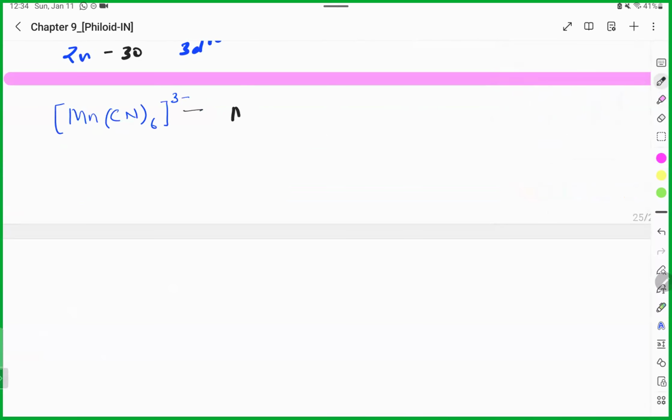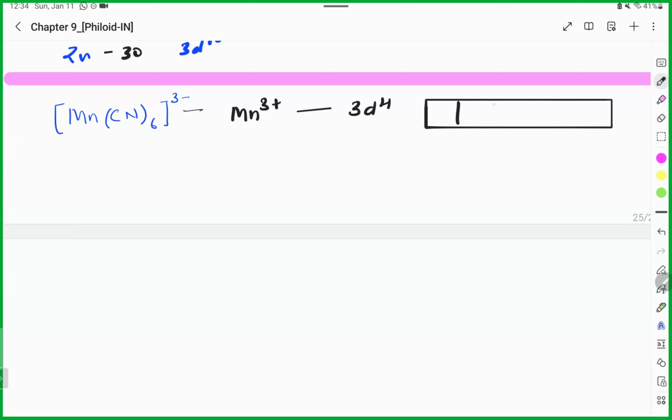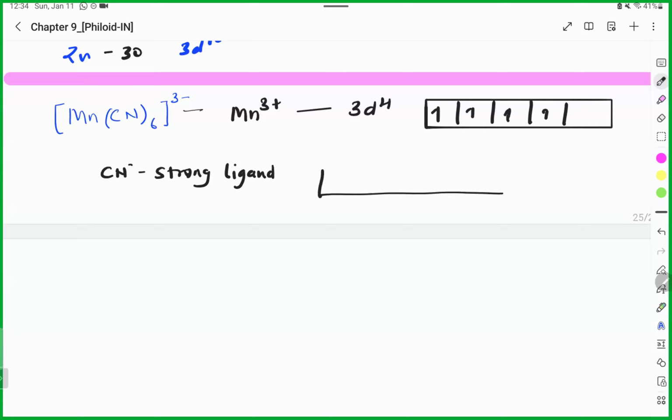You know here manganese is present in the manganese 3 positive state, which means 3d4. In 3d4, if you take orbitals 1, 2, 3, 4, 5, so 1, 2, 3, 4, in presence of this cyanide, which is a strong ligand, this strong ligand will cause pairing, and with this pairing, what will happen? Only one electron from this will come here, not two.